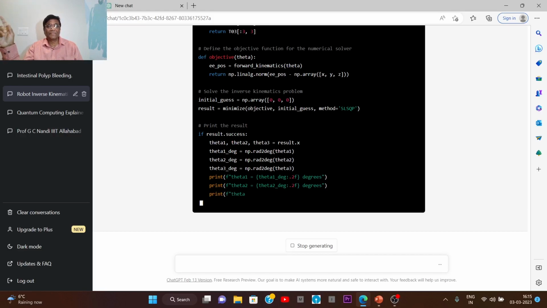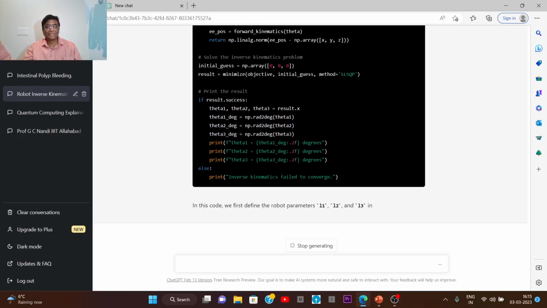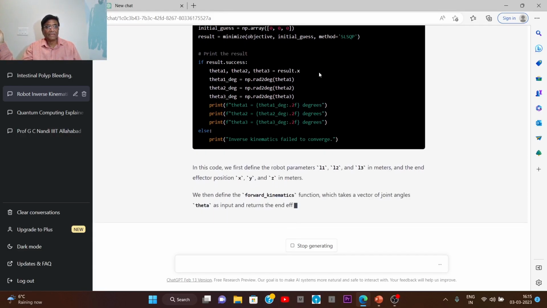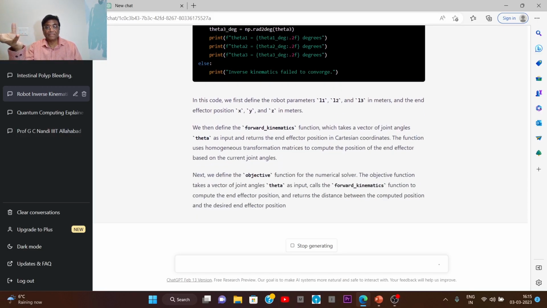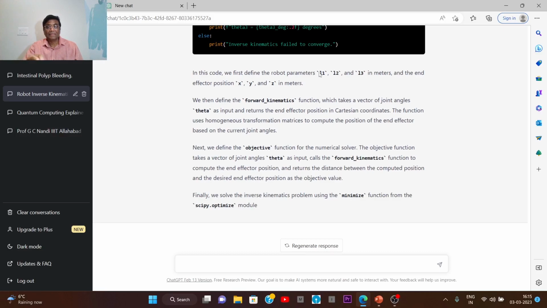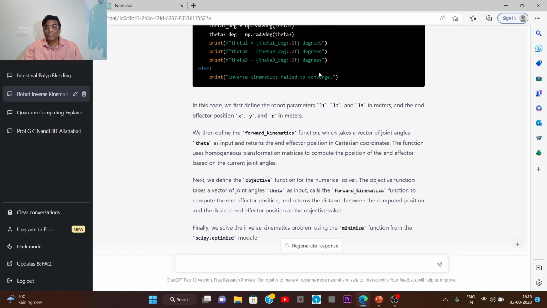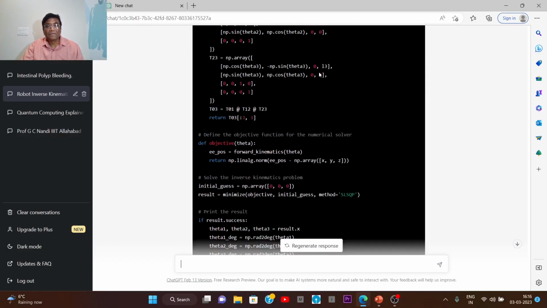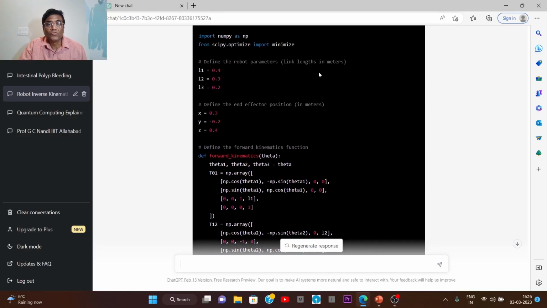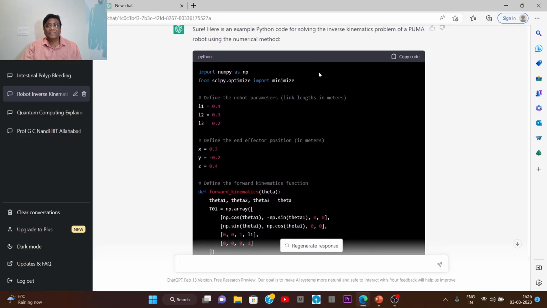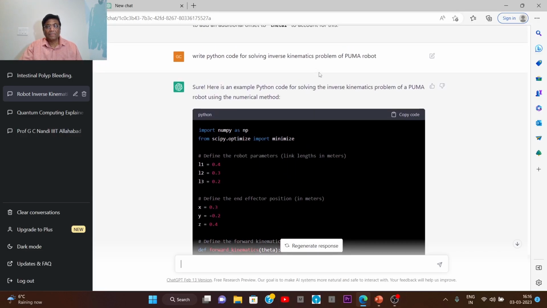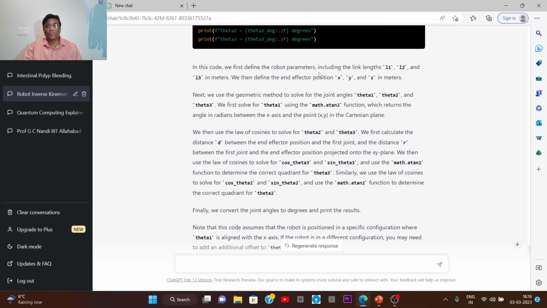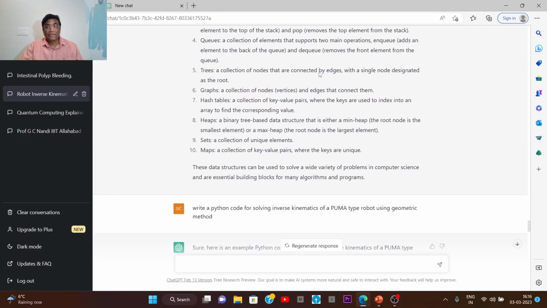It has reduced joints 4, 5, and 6, which are actually intersecting at a particular point, as you know, and then it actually wrote the code, and we can easily debug the code. You can run it in Google Colab and debug the code whether it's correct or not.